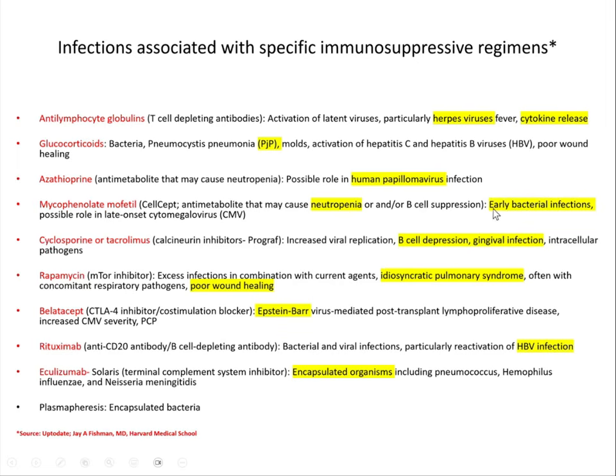And then you have your usual bacteremias, and that's where CMV can also appear. Tacrolimus: gingival infections, intracellular pathogens. Rapamycin, that mTOR inhibitor, is notorious for poor wound healing.